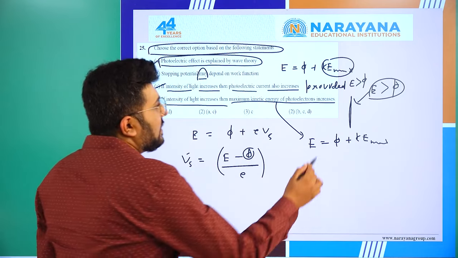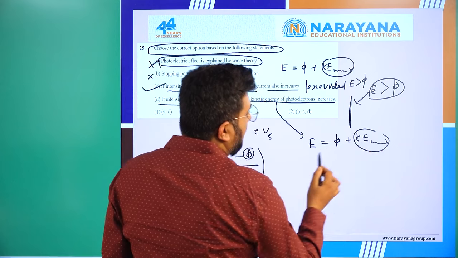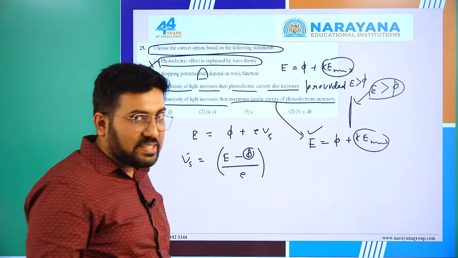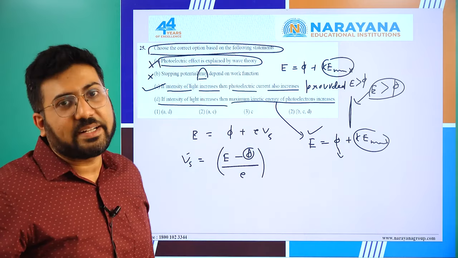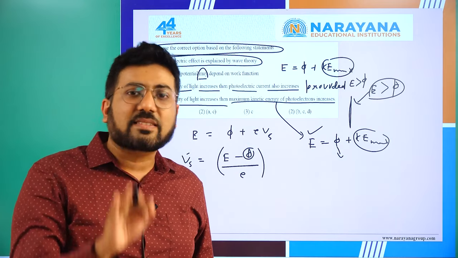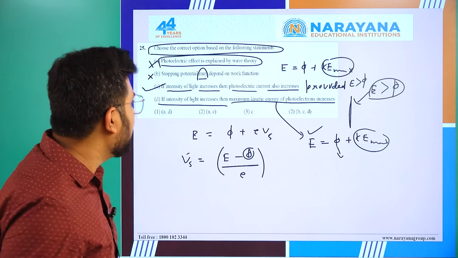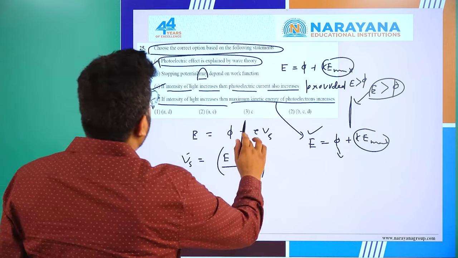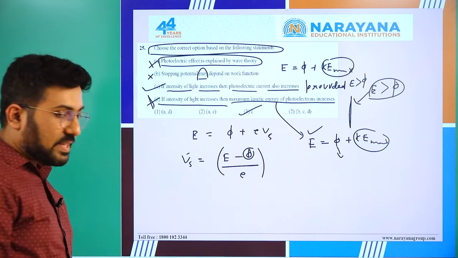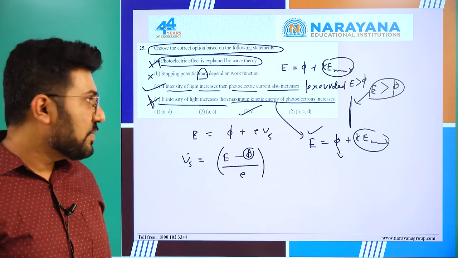Now this Ke max depends on the energy of the incident photon and the work function, and it has nothing to do with intensity. So Ke max does not depend on intensity. So this statement is also incorrect. So I would say that the correct answer is C.